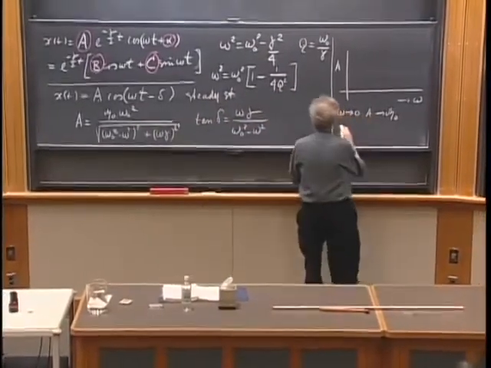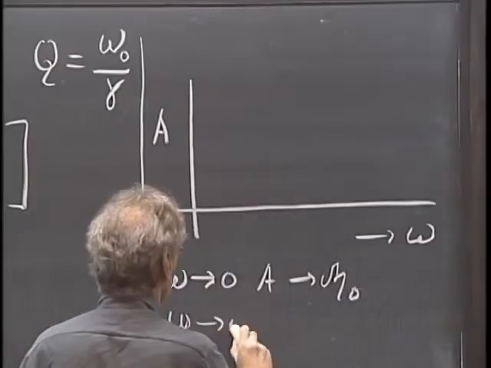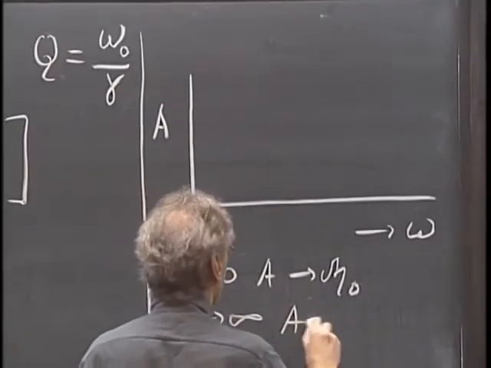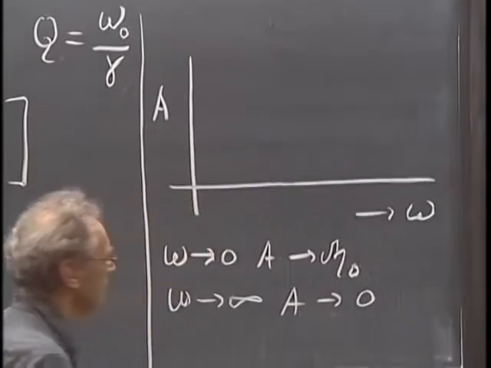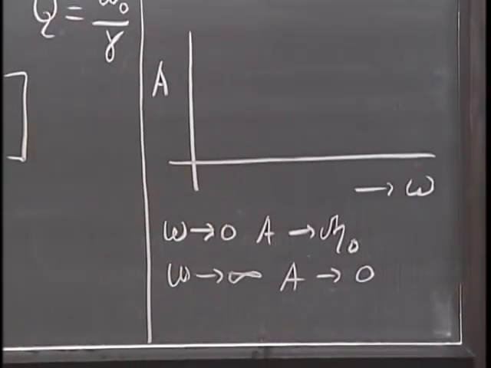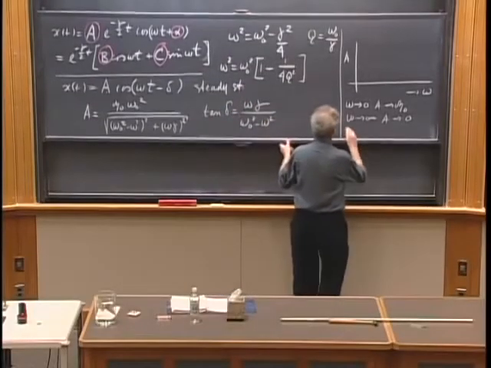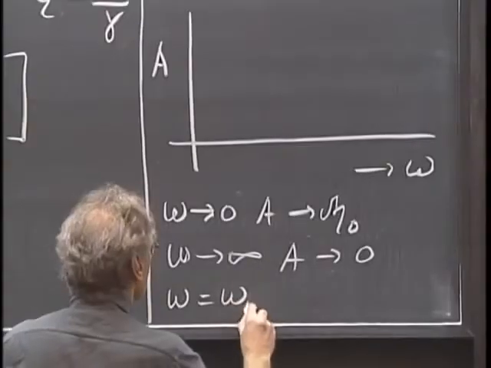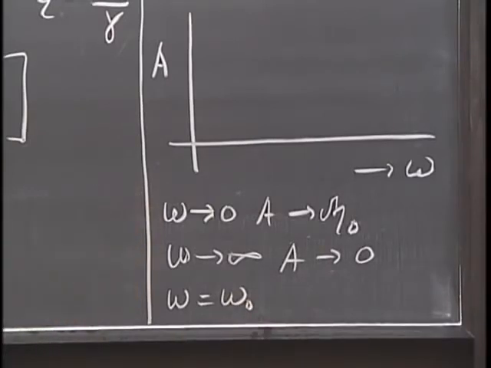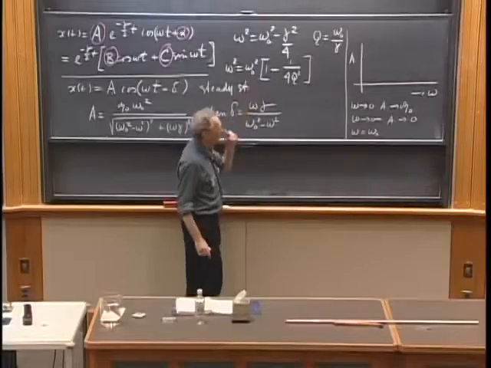If omega goes to infinity, then A goes to 0. And then there is a very special case, that is when omega happens to be omega 0, which is the frequency of the system in the absence of damping. This is my omega 0. This is not this one, but it is the omega 0.